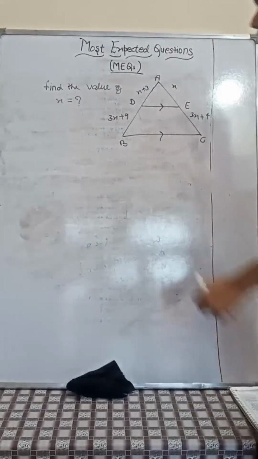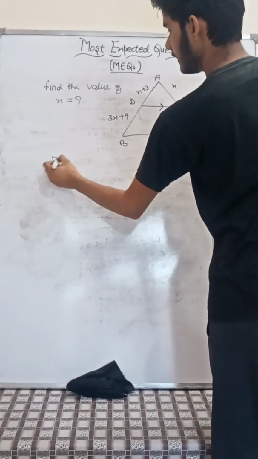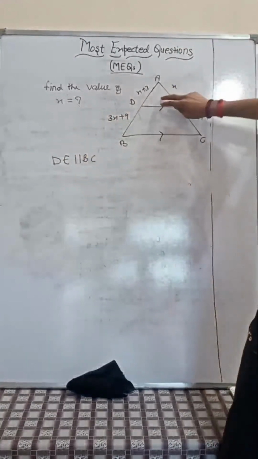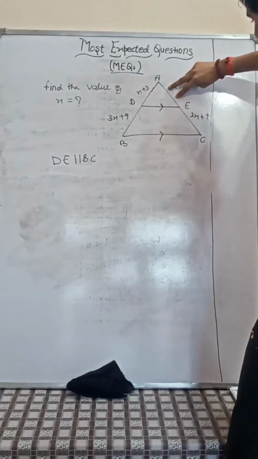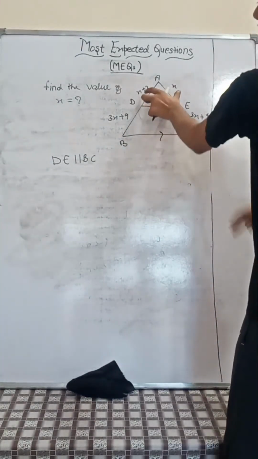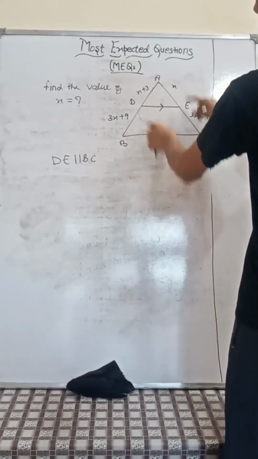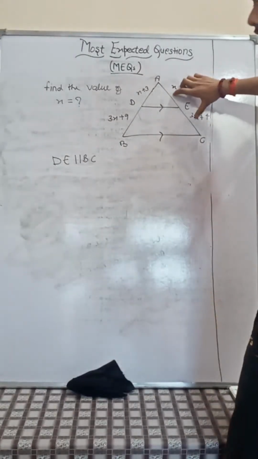According to Thales theorem, it is given that DE is parallel to BC. The two sides are divided by this line in equal ratio.